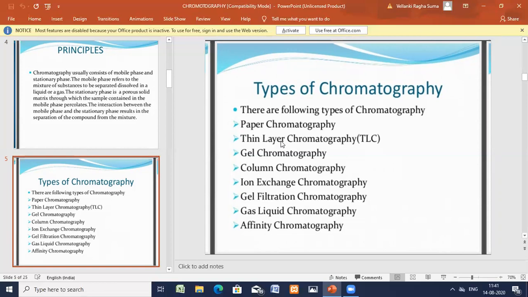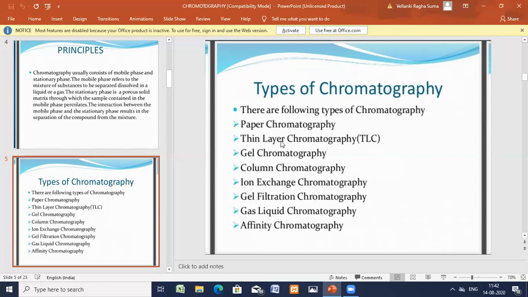These equilibrium stages are based on the partition or differential adsorption of individual components between two phases, the stationary phase and the mobile phase.